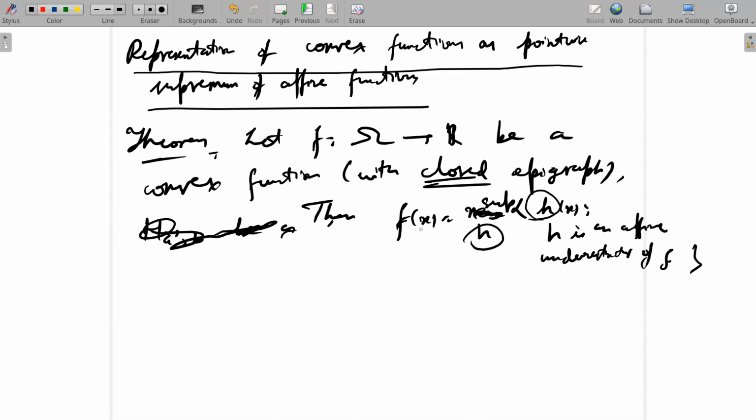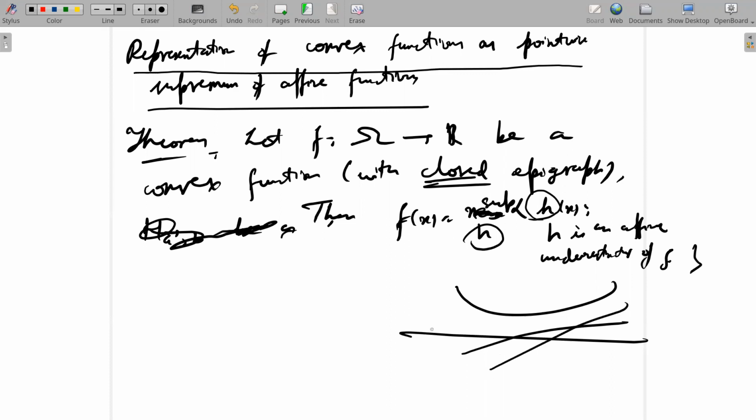And this equality is true at every single point. For example, if I have this, then I can have a couple of affine underestimators. But here I'm asserting that I will take all affine underestimators, whichever are there below that. Then at each point, I will take the supremum of that family.